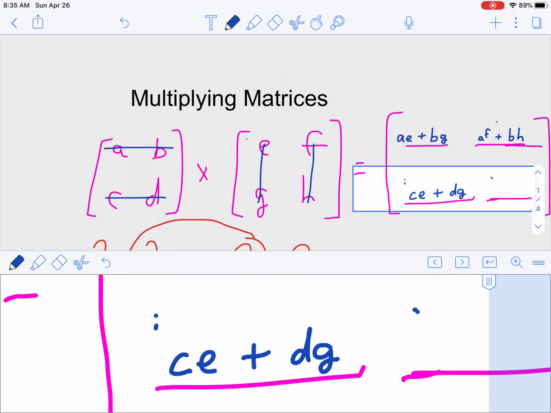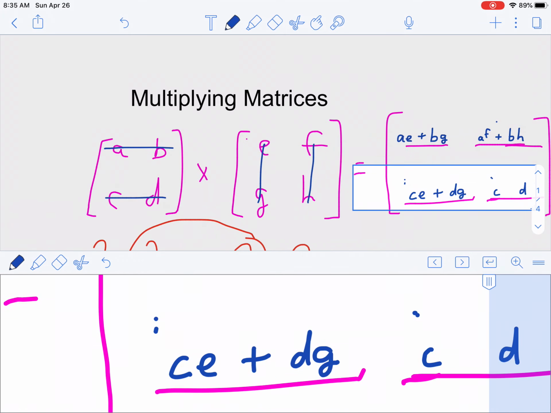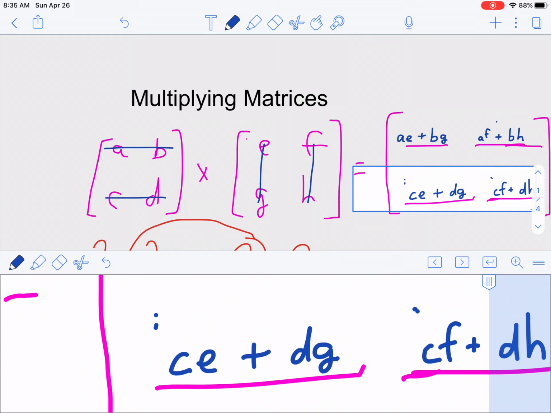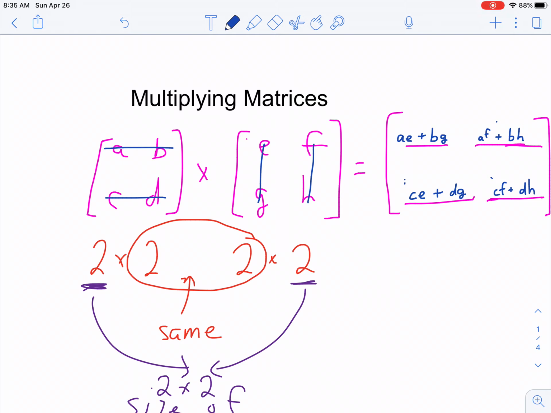So it's C, D, and the second column is F, H. And so my resulting matrix is this up here.